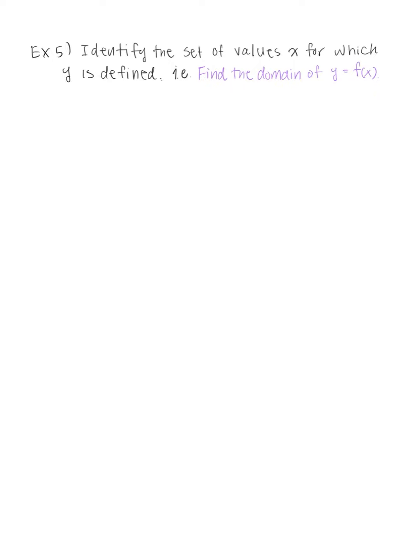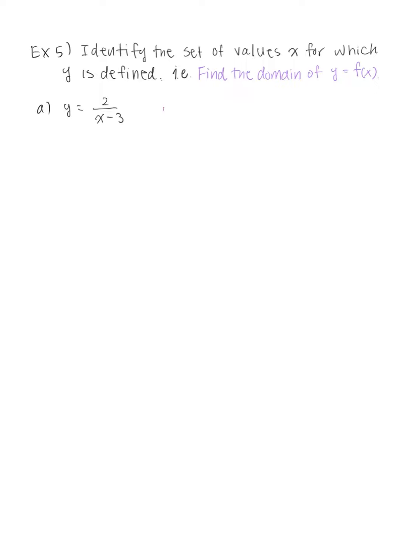Anyways, let's get started. Part A, y equals 2 over x minus 3. Okay, so what is the restriction here? So we've got fractions going on, right? Do you remember if you're given a fraction, then the denominator, or the bottom, cannot be 0? Because if the bottom is 0, your expression becomes undefined.